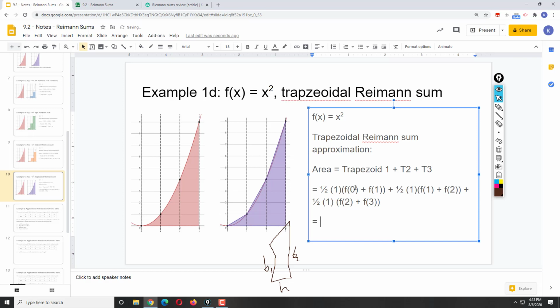But we're going to factor out the 1/2. We can factor out the length of each base, 1. And what do we have? We have f of 0 plus f of 1 plus f of 1 plus f of 2 plus f of 2 plus f of 3.